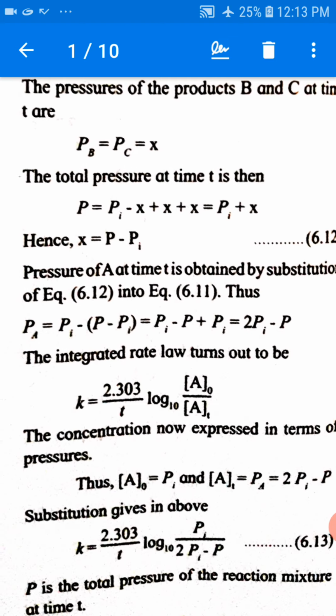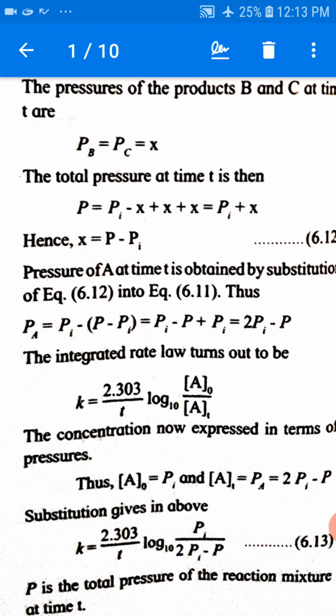The integrated rate law, we know, is k equal to 2.303 upon t log base 10 of A0 upon At. Here A0 is the initial concentration and At is the concentration at time t.